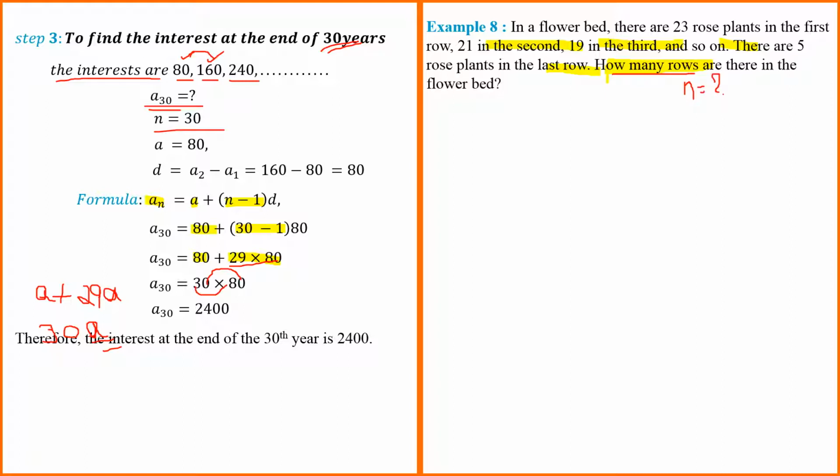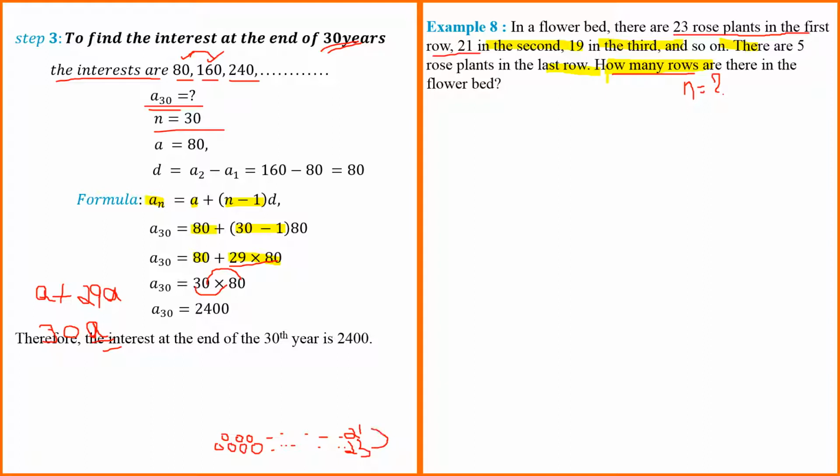Then here in a flower bed there are 23 rose plants in the first row. I'll just make a small diagram. 1, 2, 3, 4, it just goes on. Let us assume it to be 23. Then next it's going to be somewhere here, 1, 2, 3, and here it's going to be 21.